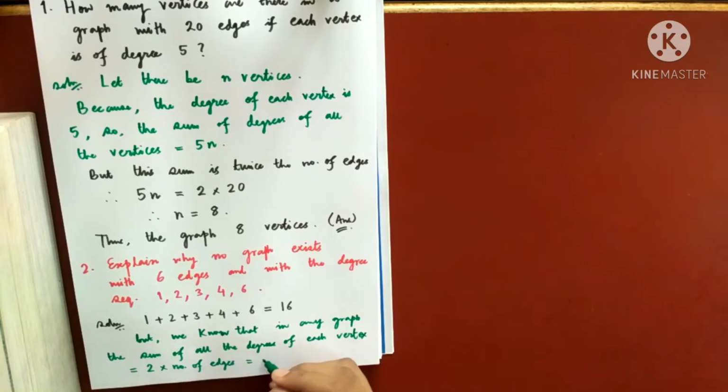So here in this case it is 2 into 6, that is 12. These two are not equal, so you just have to conclude that no such graph exists.